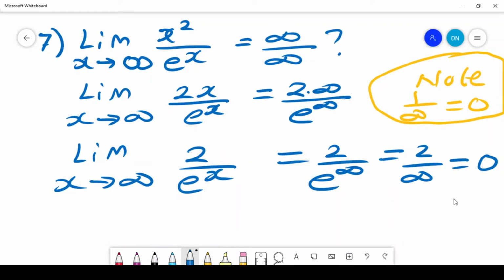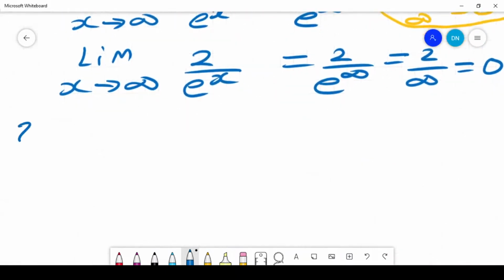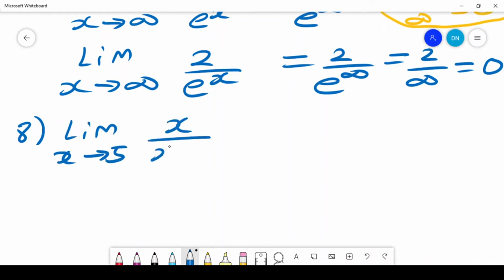What about if we have other problems like, for example, this? If I said let's get the limit as x tends to 5 of x over x minus 5. Now, if we substitute, we'll get 5 over 0, which is undefined.